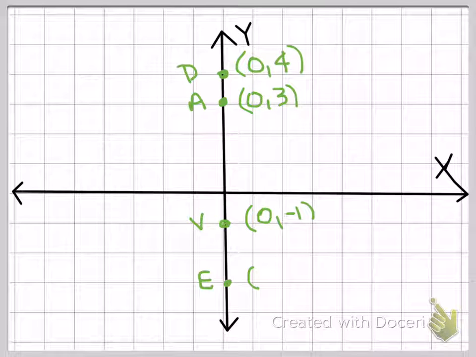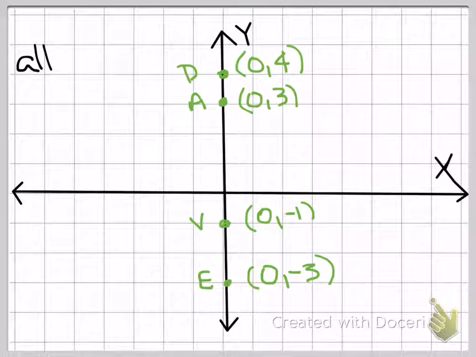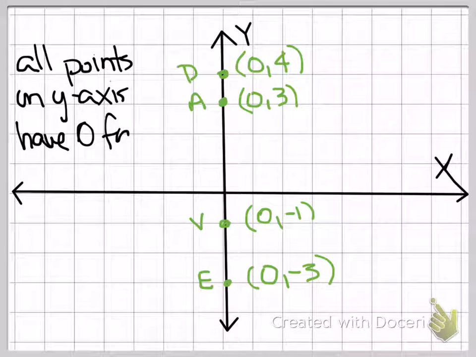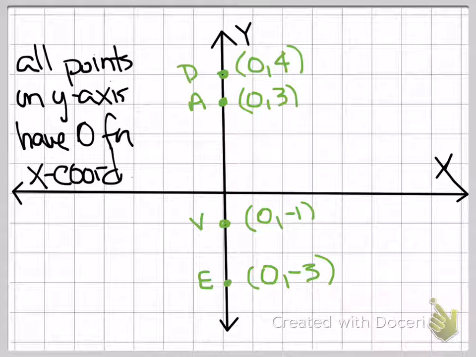Allison Gray, E. Correct. See, you see a pattern? Yeah, they're all 0 on the x-axis. Exactly. All the points that sit on the y-axis have 0 for the x-coordinate.